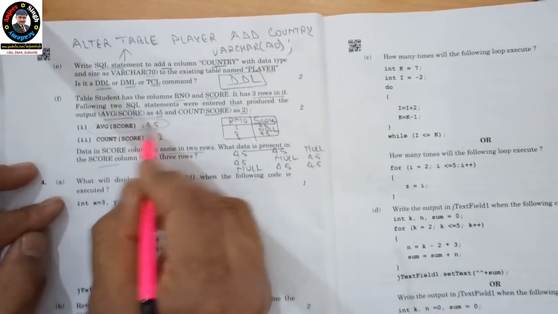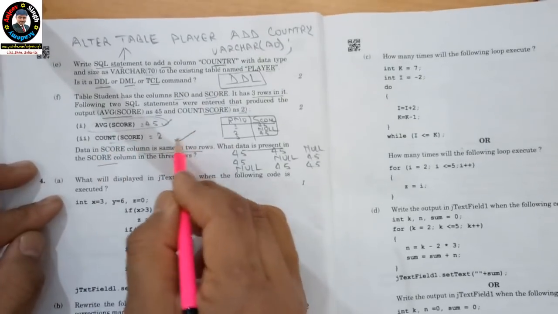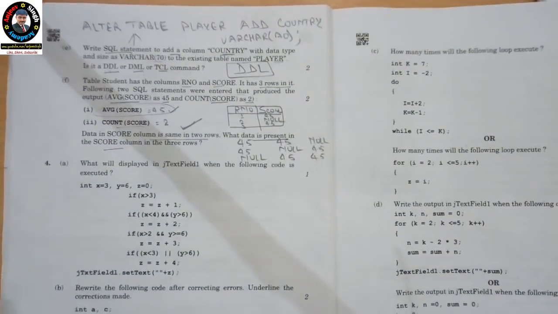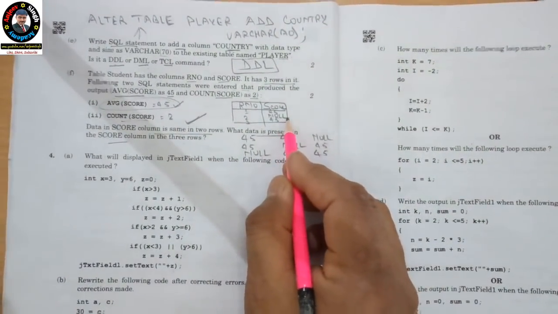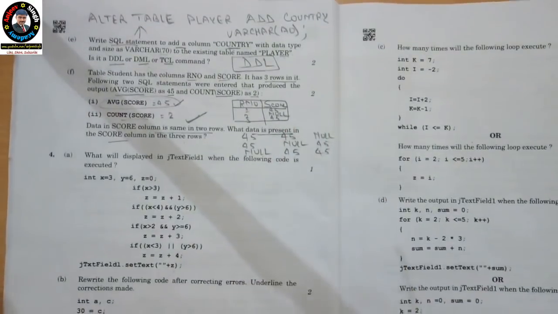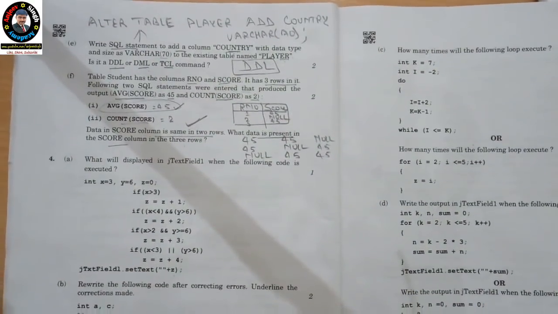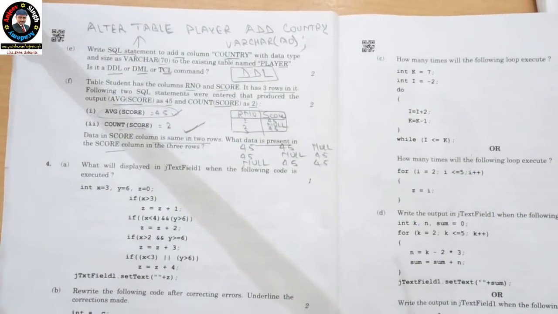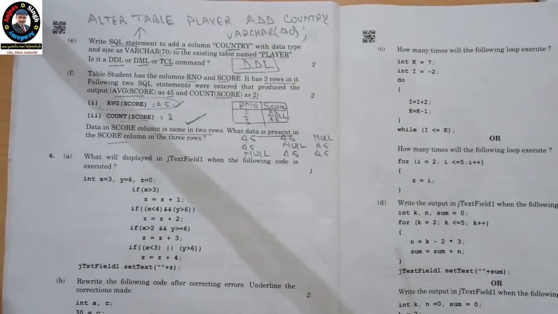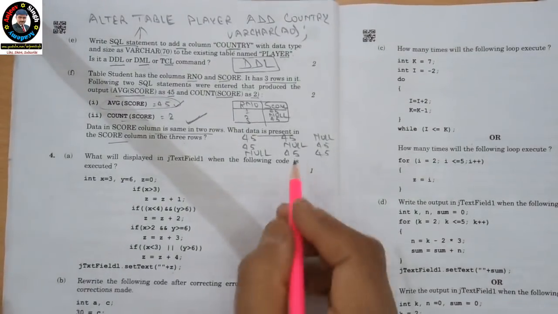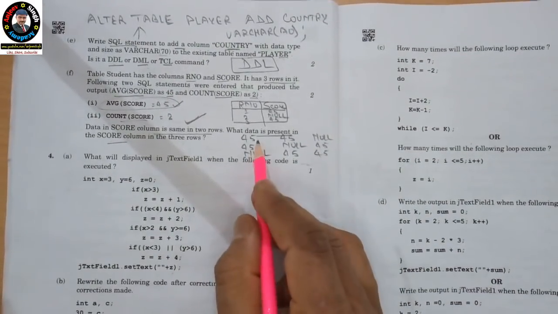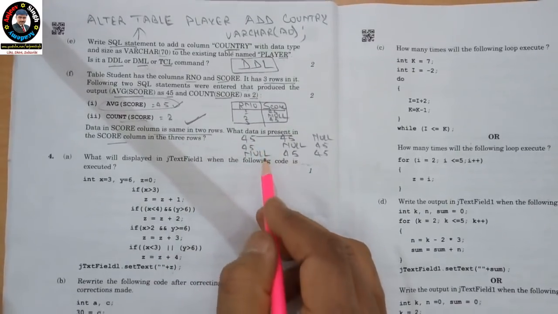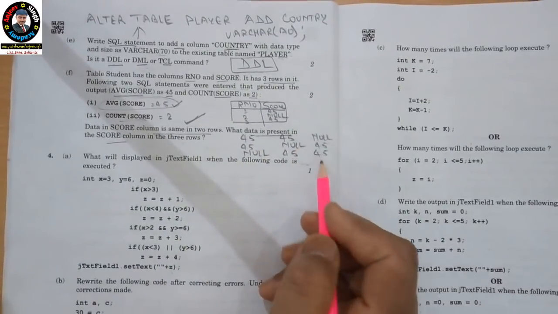That is why you get the average 45 and count score 2, because you know that average does not count the null value; it always ignores null. So that is the output of this question. Do you understand? The possible data is 45 45 null, 45 null 45, or null 45 45.